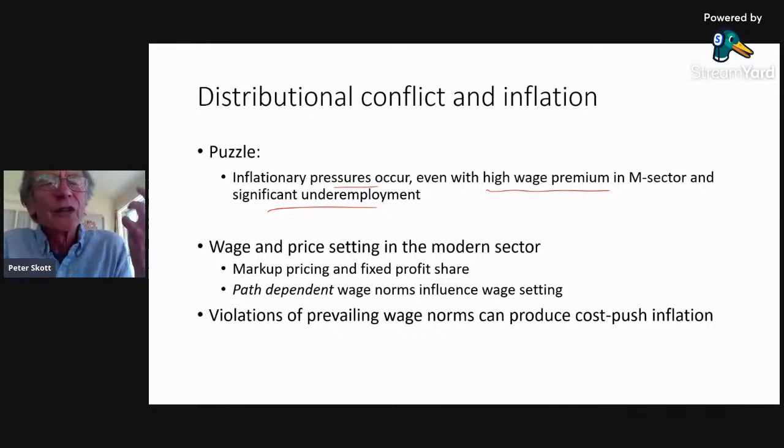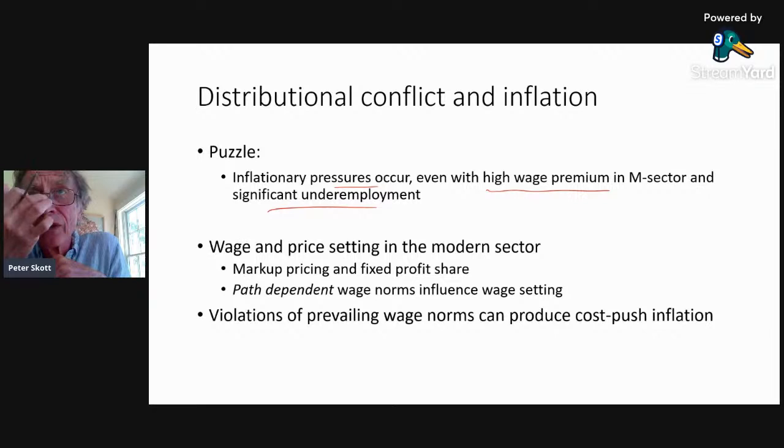In those contexts, a standard labor market story would seem to suggest that there should be no pressures. You have lots of unemployment. You have a high wage premium in the modern sector. Why would you see wage pressures and cost push pressures happening in the modern sector?